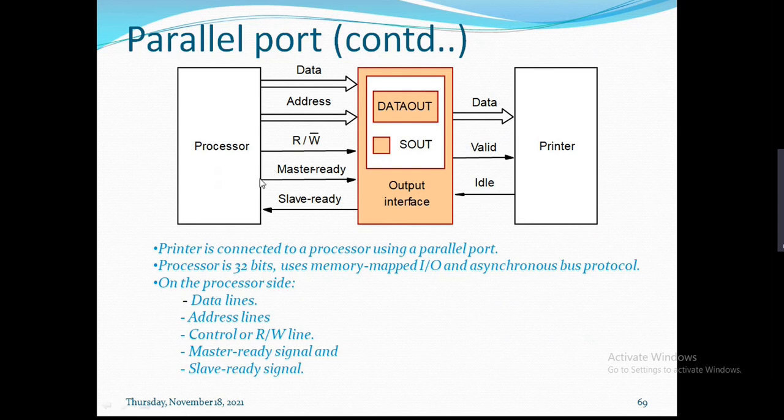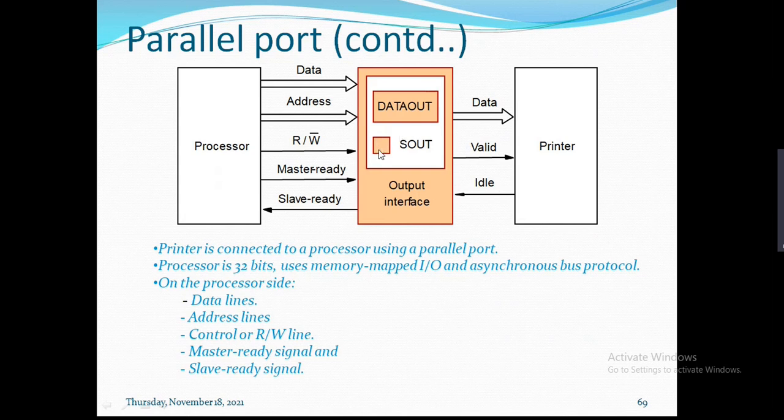And also it is going to activate one more signal called master ready, indicating it has now placed all this information on the bus. Once this information comes on the bus, whichever device matches with this address will recognize itself.